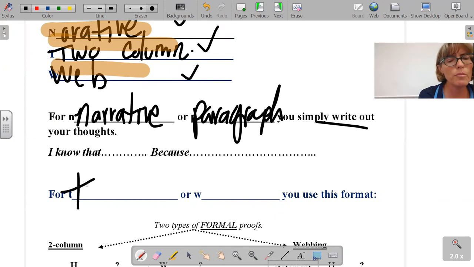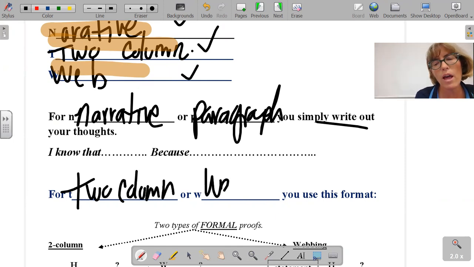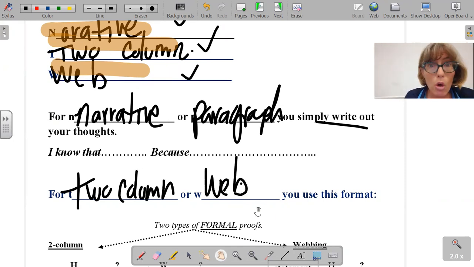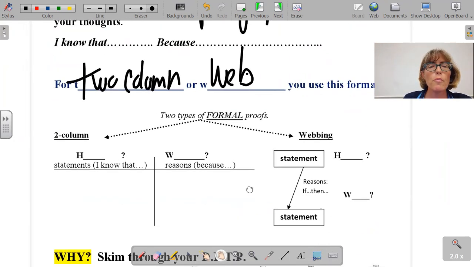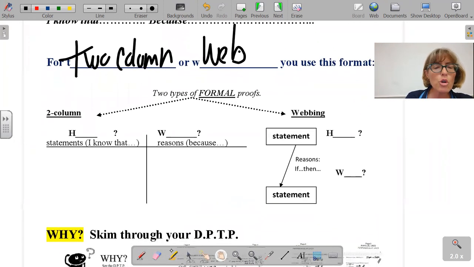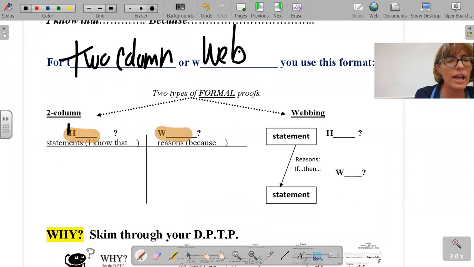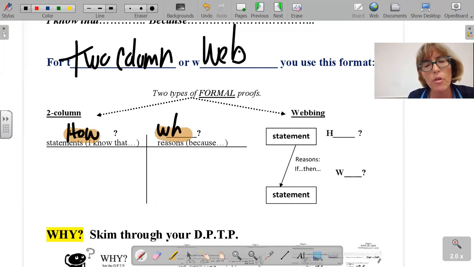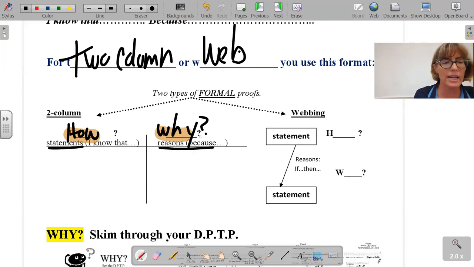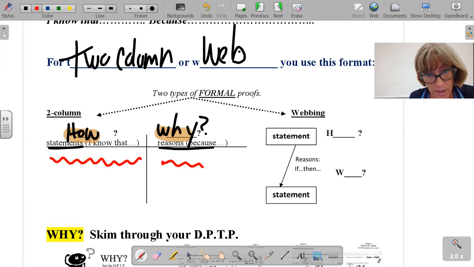For the 2-column or the web, you're going to follow a little bit more of a structured format. The 2-column, the how goes on the left, and the why goes on the right. Traditionally, we call that statements and reasons. It reads like a sentence. It reads like this: I know this is true because of this.